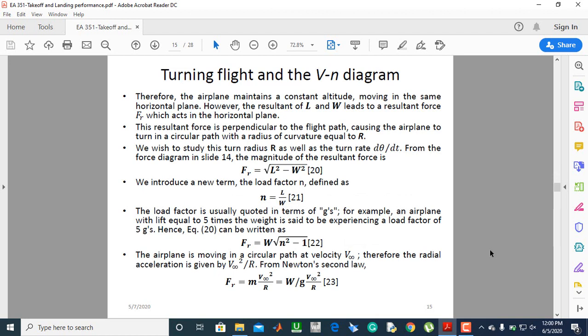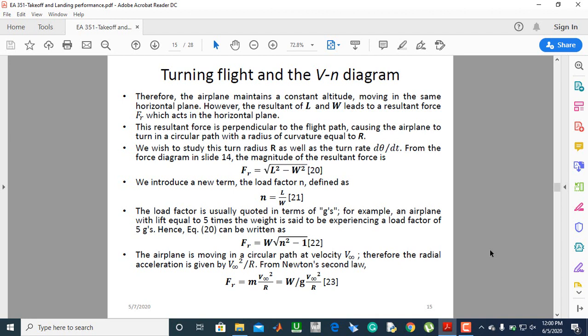Then there's this term, the load factor, which we looked at in the other course. So the load factor is equal to L divided by W. We briefly looked at this under static aerodynamics.